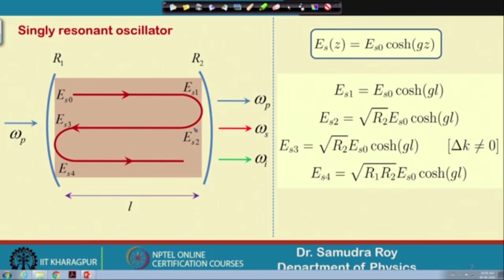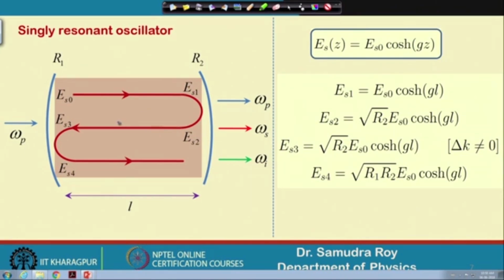When the field is going from here to here, you need to consider that on that path, which is going in the opposite direction, delta k is not equal to 0.